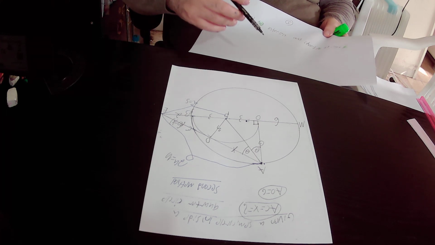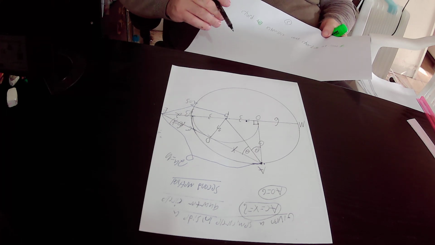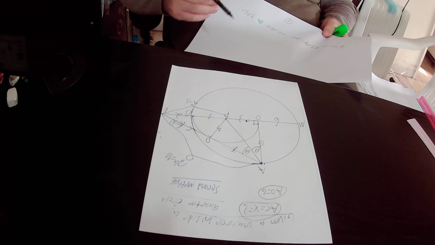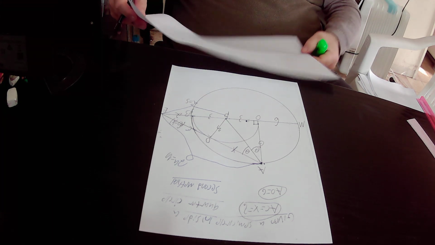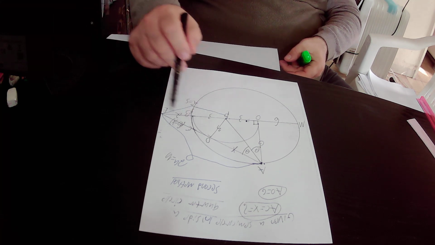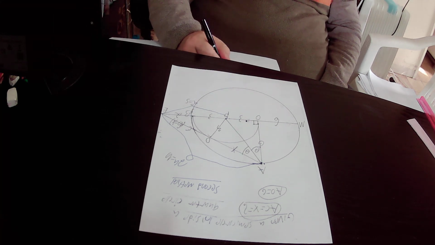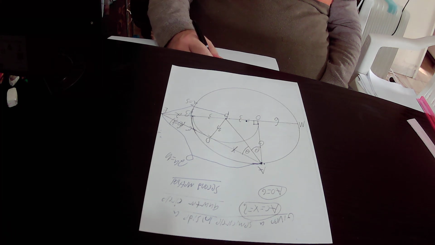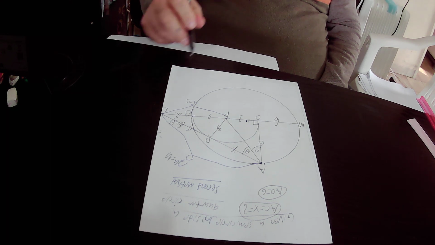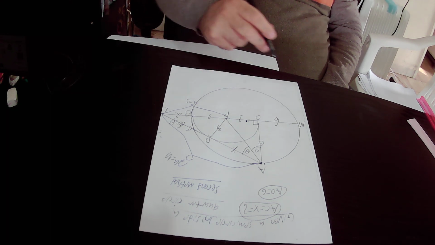Therefore we can implement rule number 3 in our drawing. According to rule number 3, we will get that EC times EA equals EB times EM.